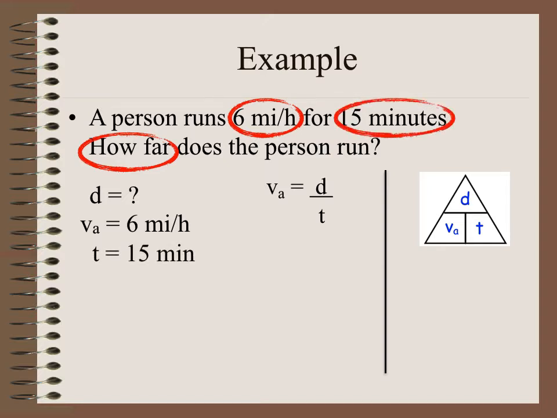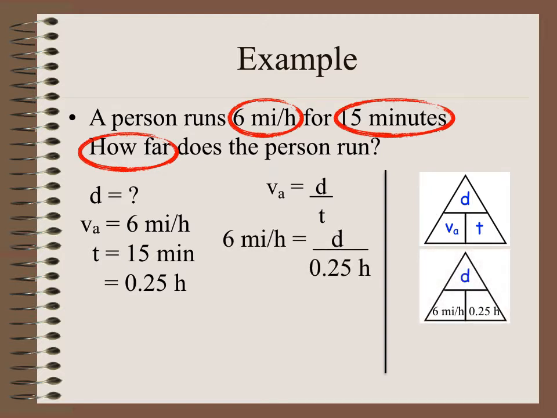Now before we can substitute these values into our equation, we have to take a look at our units. Notice we have miles, hours, and minutes. We can't mix hours and minutes, so we need to convert 15 minutes into 0.25 hours. Now we can substitute our values in. If we use the equation, we're going to have to do a little bit of algebra in order to get the distance by itself.